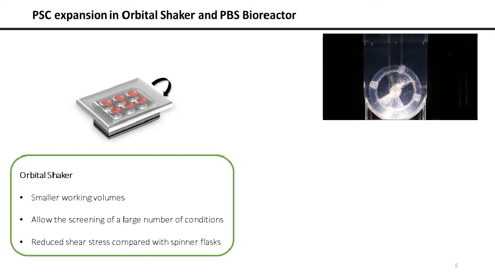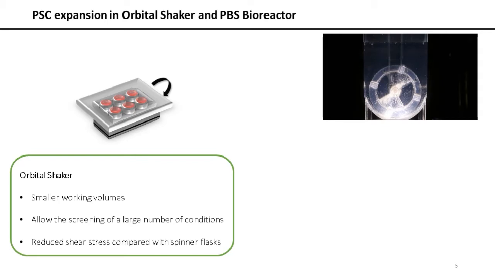We have a culture plate on top of the shaker, and the agitation will promote homogeneity in the culture medium and at the same time in the average diameter of the aggregates. Also, by using 6-well culture plates, we are working with smaller working volumes, which allows us to screen a large number of conditions at the same time.